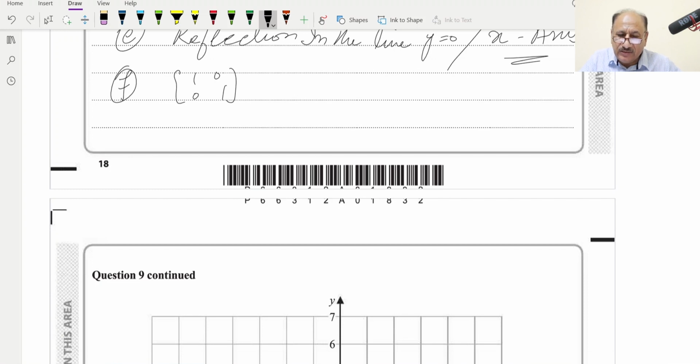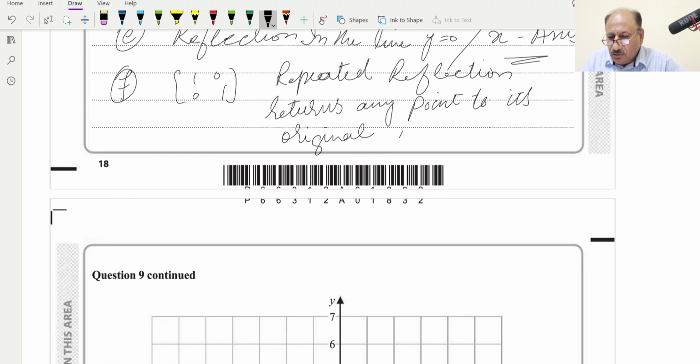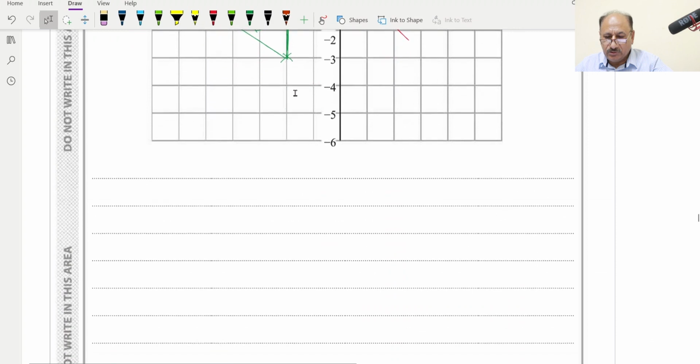So it will come to the same position, because repeated reflection returns any point to its original position. So this is the reason which we can provide, and we are done with this question.